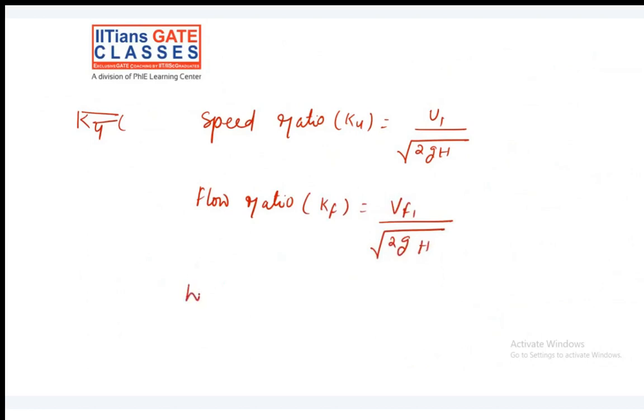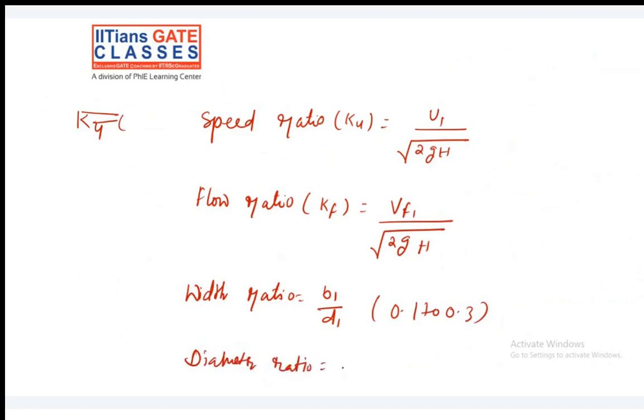And then we have width ratio. Width ratio is b1 upon D1, and this must lie somewhere between 0.1 to 0.3. Okay. And what is diameter ratio? Diameter ratio is D1 upon D2, and generally this is equal to 2.